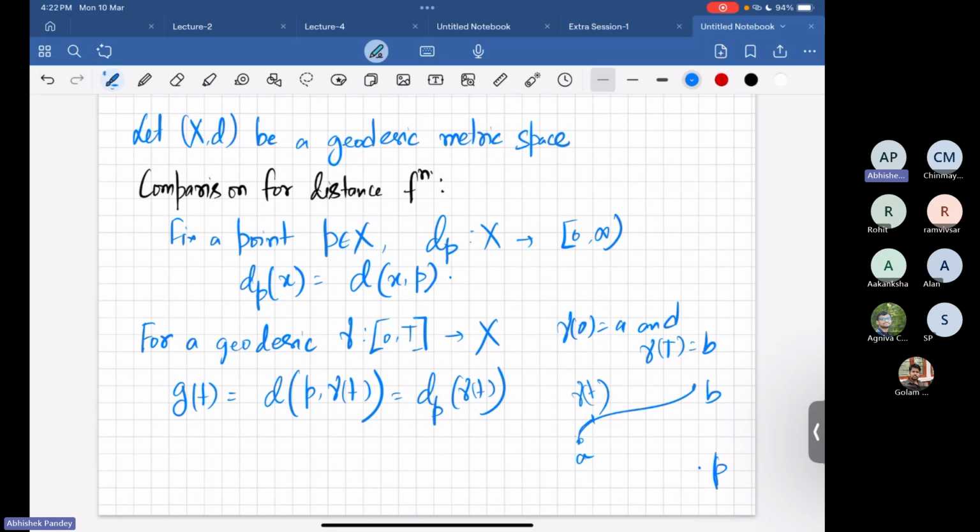We are defining this function g of t, and this is known as a one-dimensional distance function. What we want to do is compare this distance function with an appropriate one-dimensional Euclidean distance function.